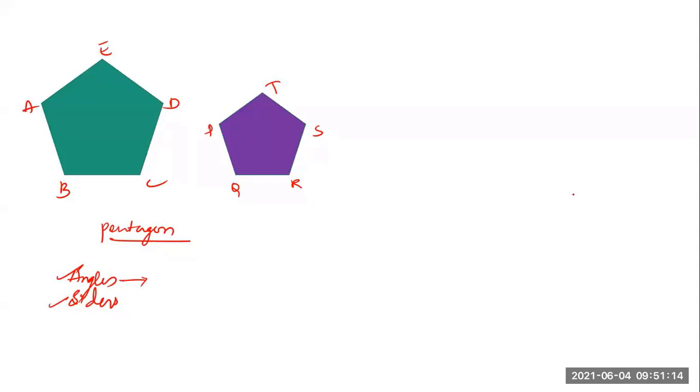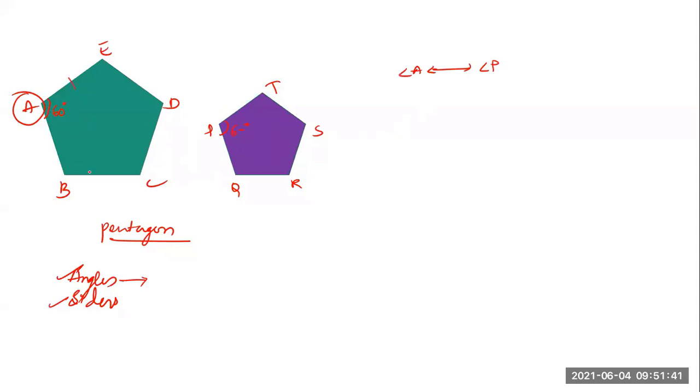Here I will take angle A, and its corresponding angle. Suppose angle P is 60 degree, then angle A is corresponding to angle P. Now these are regular pentagons.